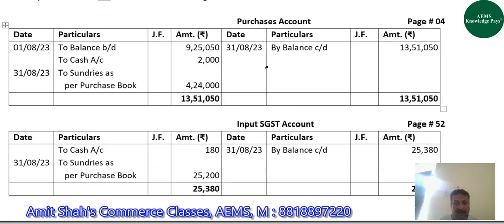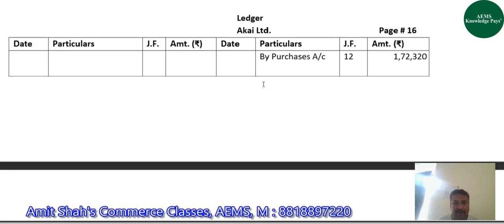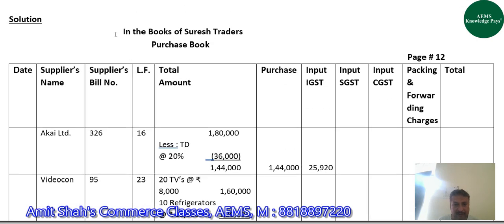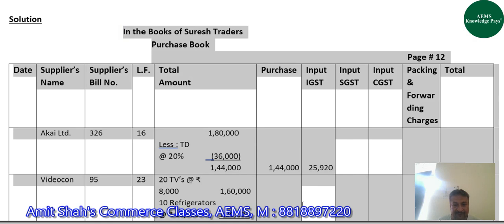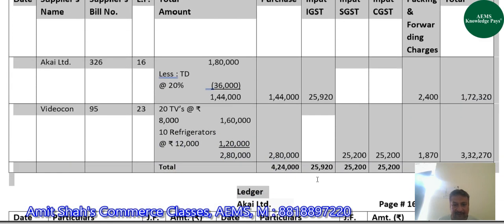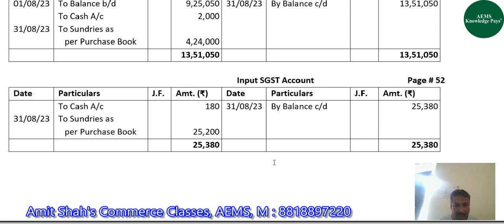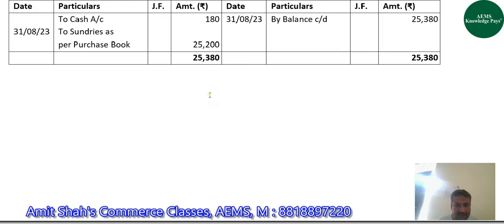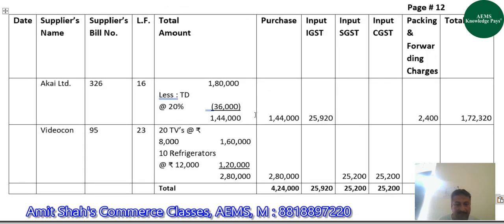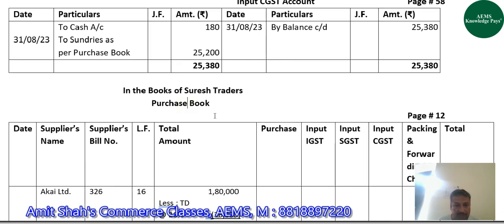Purchase return book has no different format than purchase book, except one thing. I will tell you what that is. So alongside, I'm making this purchase return book also.